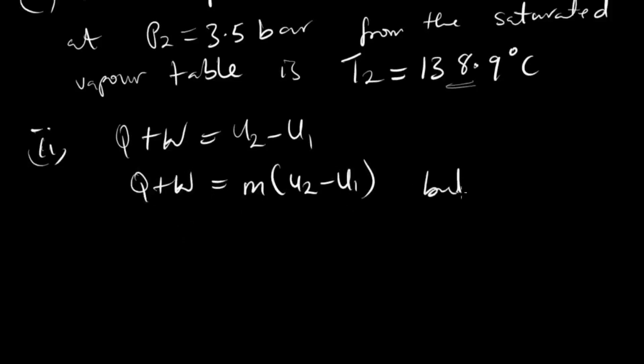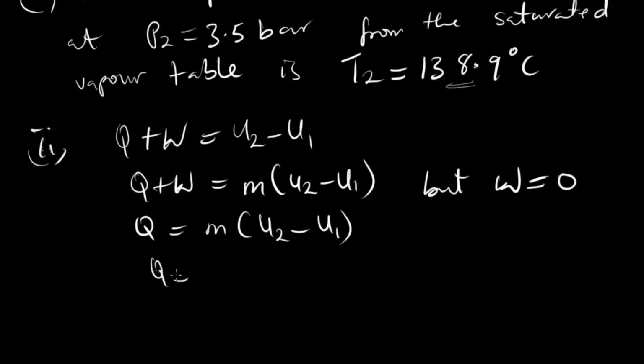But for a constant volume process, W is equal to 0. So heat is M times U2 minus U1. So Q will be what? 0.60137. That is the mass we got.